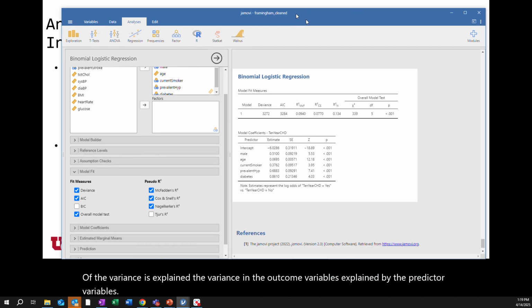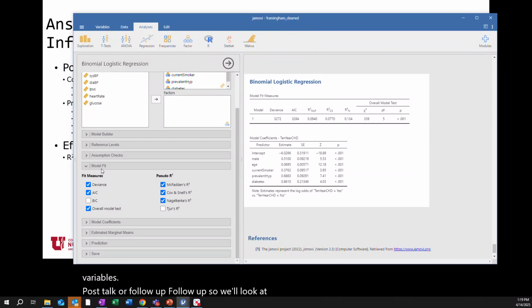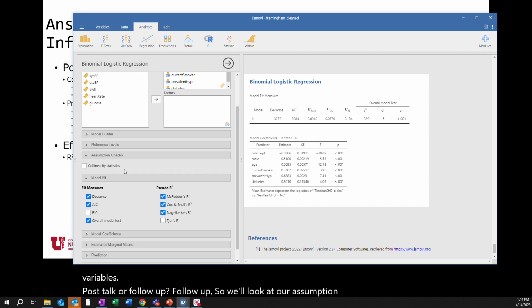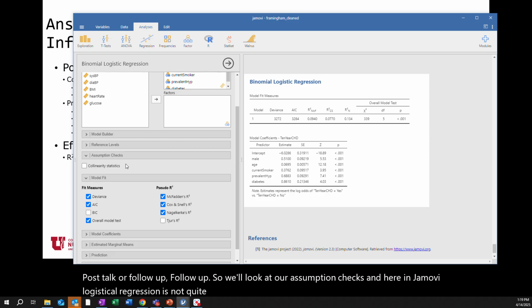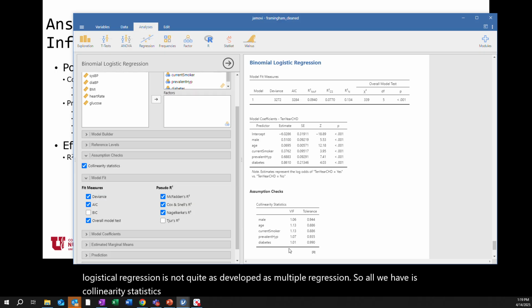Okay, post hoc or follow up. So we'll look at our assumption checks. And here in Jamovi, logistic regression is not quite as developed as multiple regression, so all we have is collinearity statistics, but that is VIF.